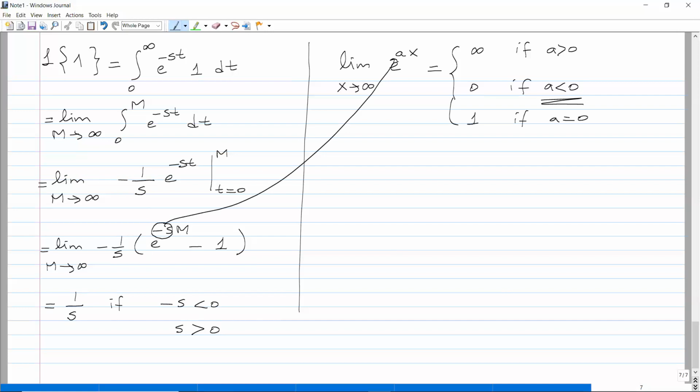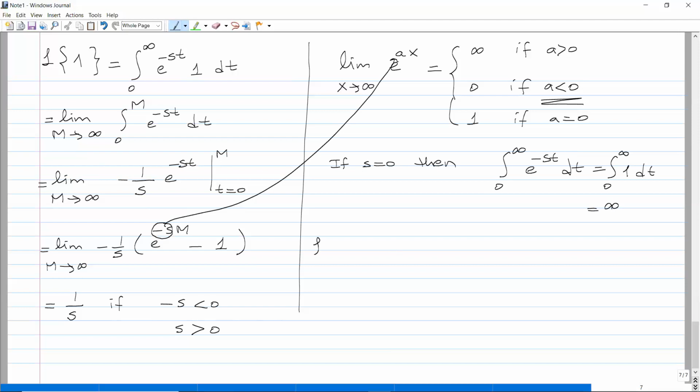Otherwise, if s is 0, that's true, this limit is going to be 1, but if you go back to the improper integral, if s is 0, then the improper integral is from 0 to infinity of e to the minus st dt. When s is 0, e to the 0 is 1, so this becomes the improper integral of 1, which is infinity, divergent. So I cannot consider the case s equals 0.